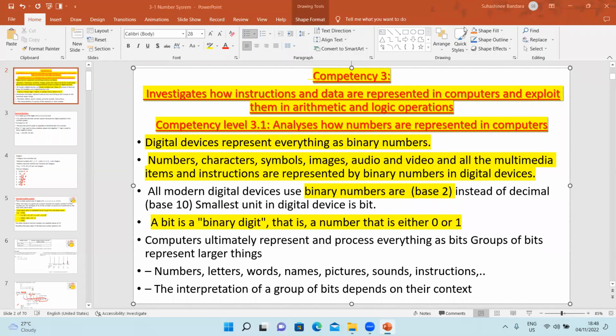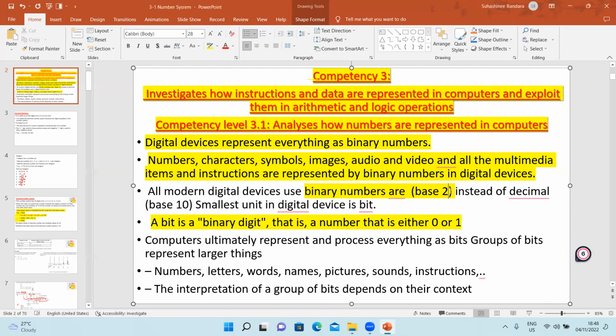In this slide, there are some O-level theory points as well. Therefore, you had better copy only the highlighted points. The rest, no need to write. Digital devices represent everything by numbers. Numbers, characters, symbols, images, audio, video, and all media items and instructions are represented by binary numbers in digital devices.